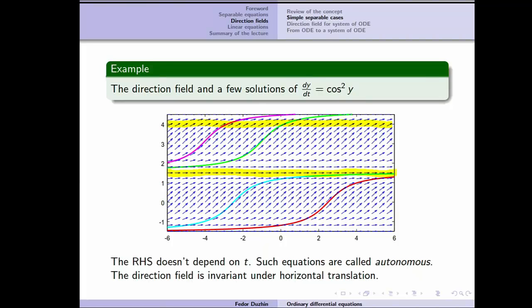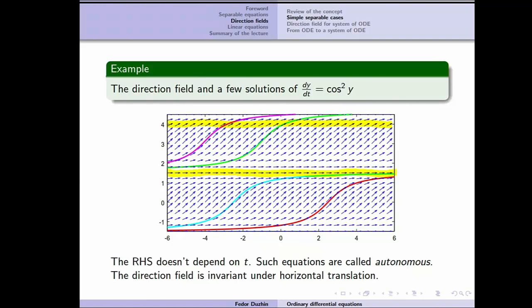So along every horizontal line, all the arrows are equal to each other. Again, even if we don't know the original differential equation, from the vector field we can immediately see that the right-hand side does not have a t. It is only a function of y.